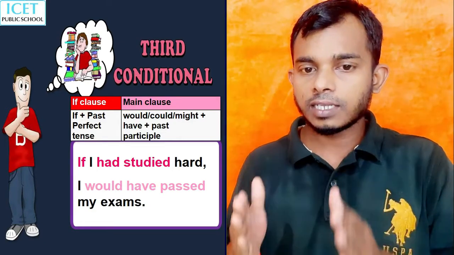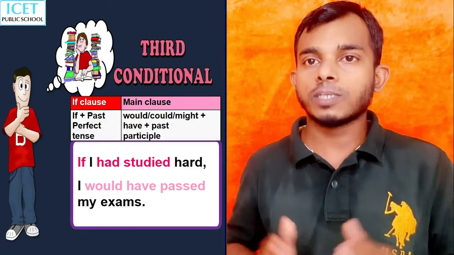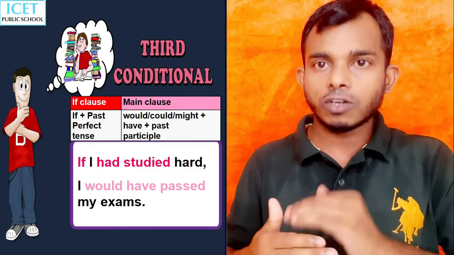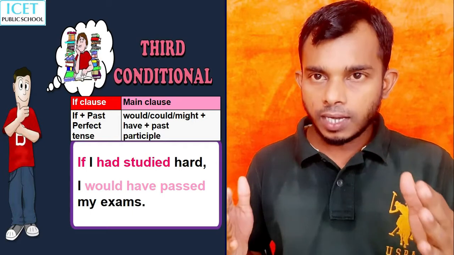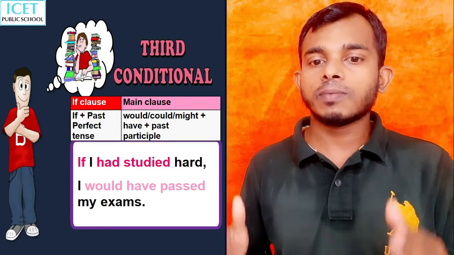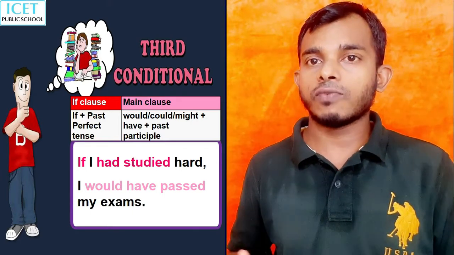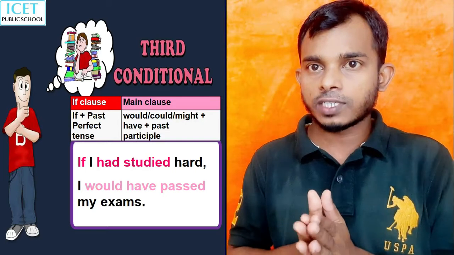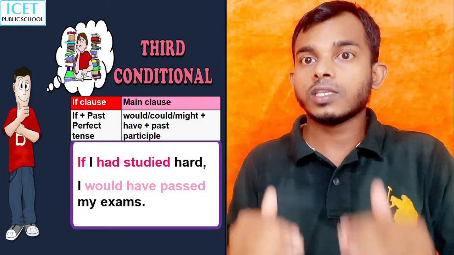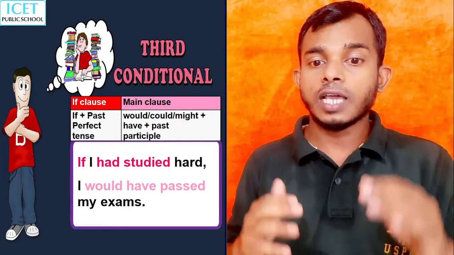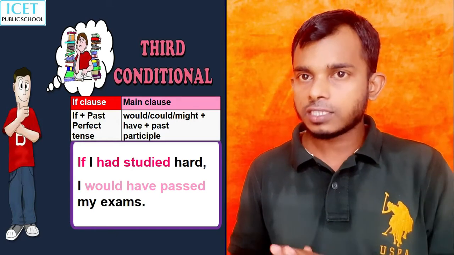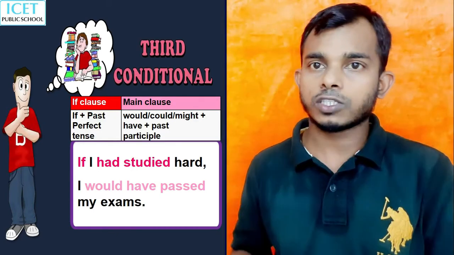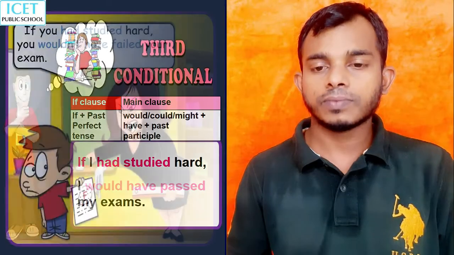I had studied is an example for past perfect tense, and the main clause then it will be written in future perfect tense with past auxiliary. I would have passed my exams. If I had studied well, I would have passed my exams.